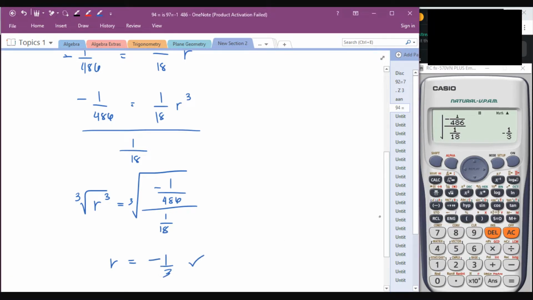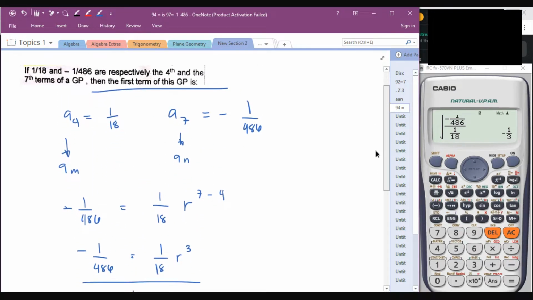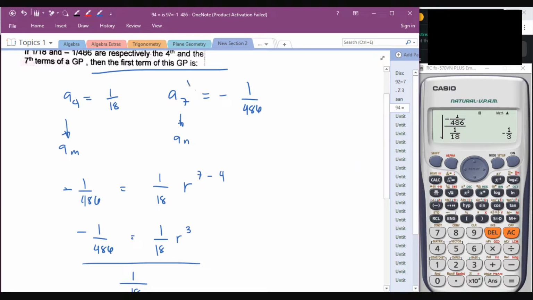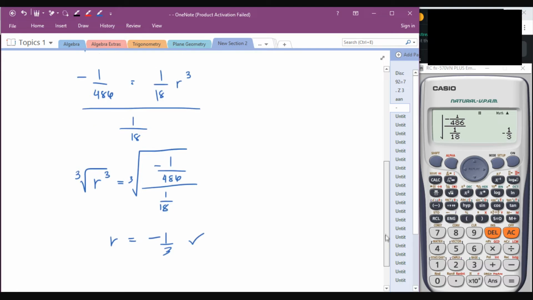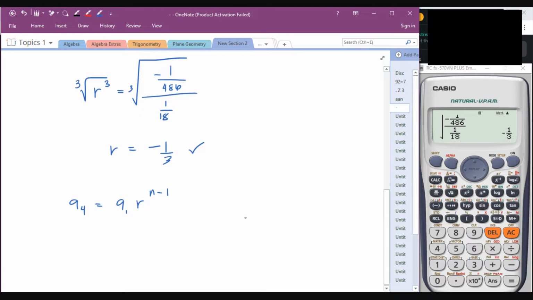Check that. Now you solve for the first term of the geometric progression. Which one do you want to use, A7 or A4? A4 is fine. Okay. So, in order for you to find the first term, do this: R raised to n minus 1. N here is 4th. Okay?